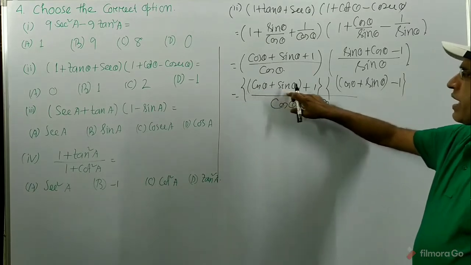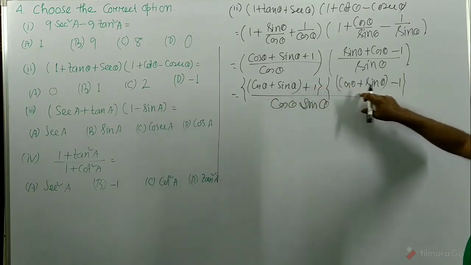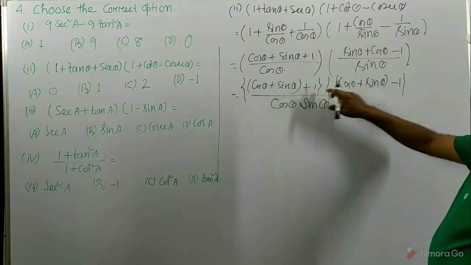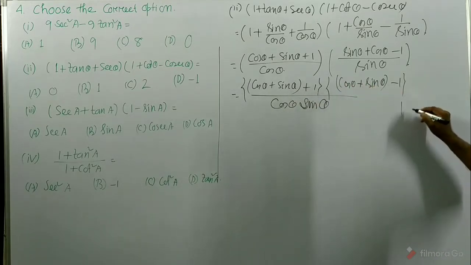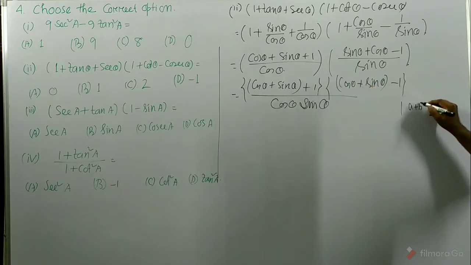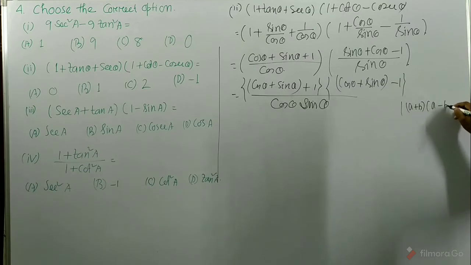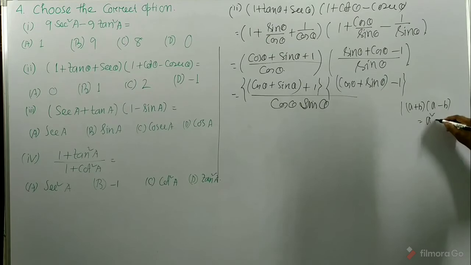We assume cos theta plus sin theta is A and 1 is B. So we have A plus B into A minus B, which is A square minus B square.